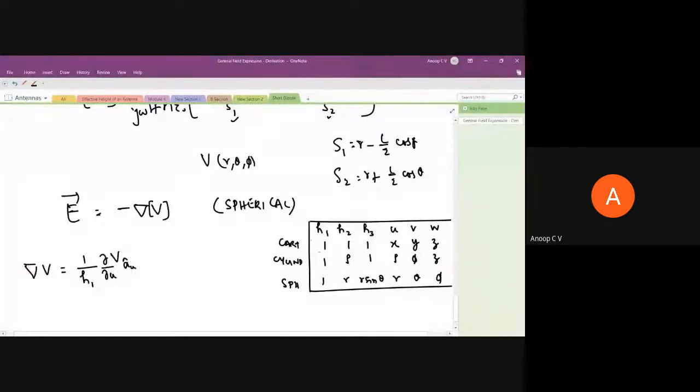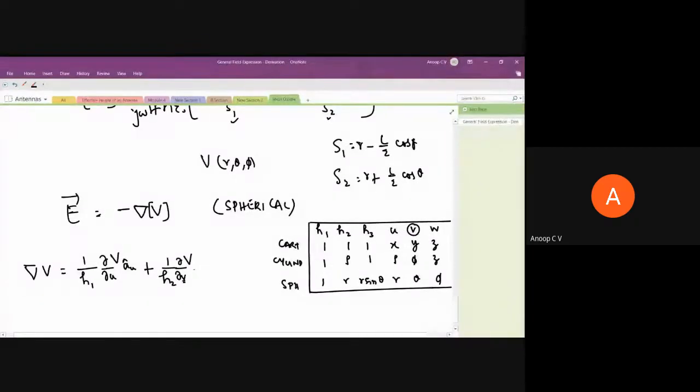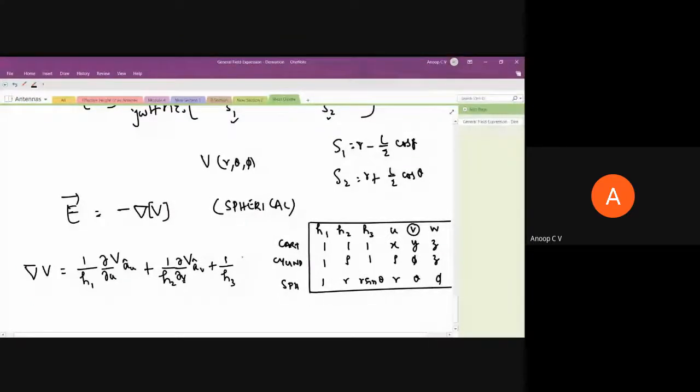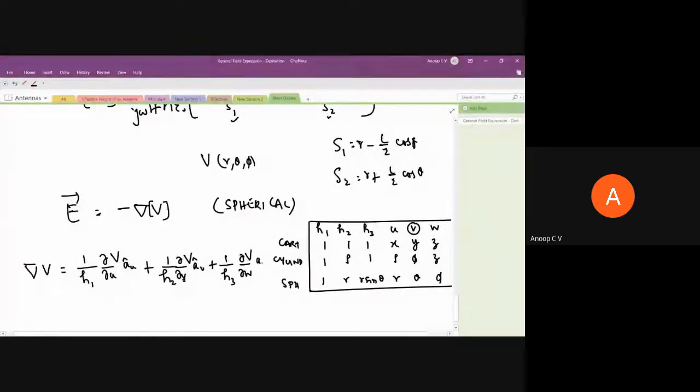But aU cap will be in terms of, in spherical, U will be R. So it will be 1 by 1 dou by dou R of V times aR cap, plus 1 by H2 dou V. Please don't confuse this V. As a general coordinate axis I have used V, so please don't get confused with capital V or V in italics, volume. V along aV cap plus 1 by H3 dou by dou W of V along aW cap.